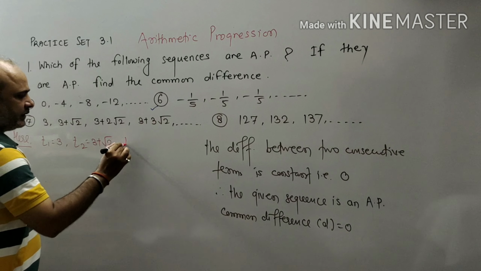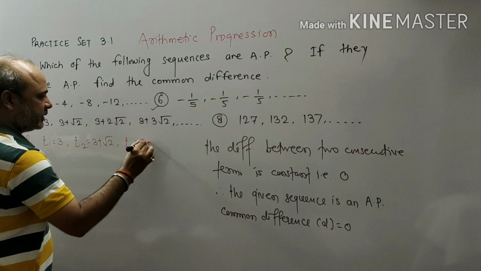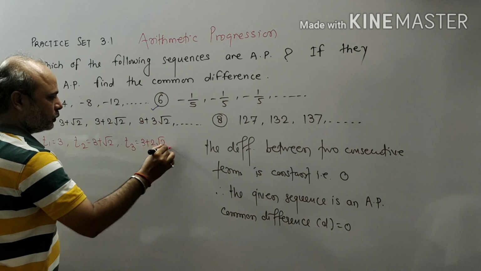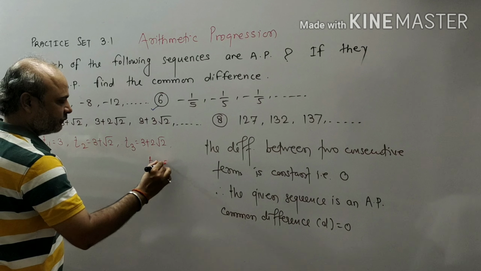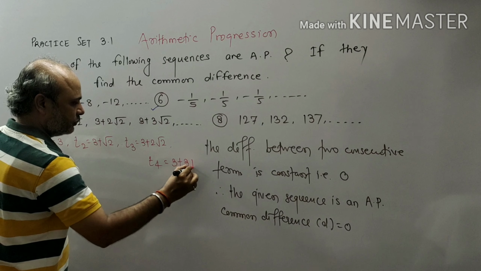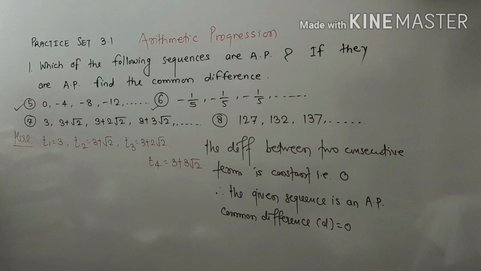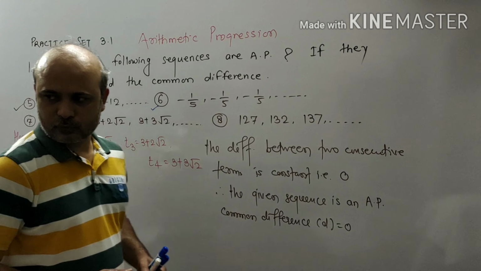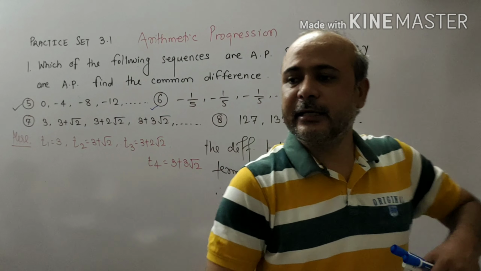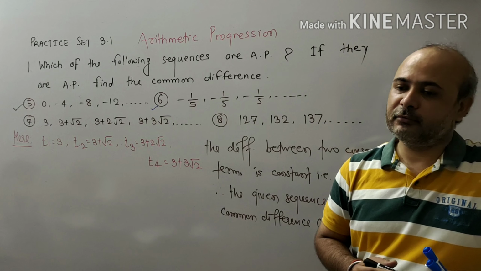What is T3? T3 is 3 plus 2 root 2. And what is T4? T4 is 3 plus 3 root 2. Clear? So your first term T1 is 3, T2 is 3 plus root 2, T3 is 3 plus 2 root 2, and T4 is 3 plus 3 root 2.